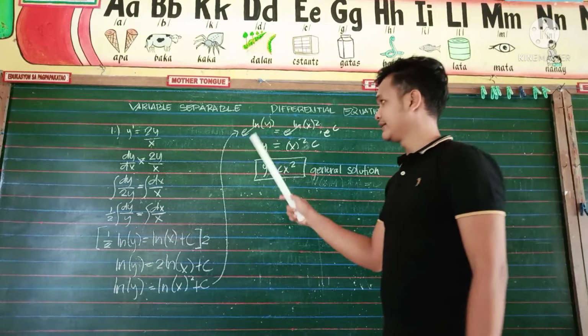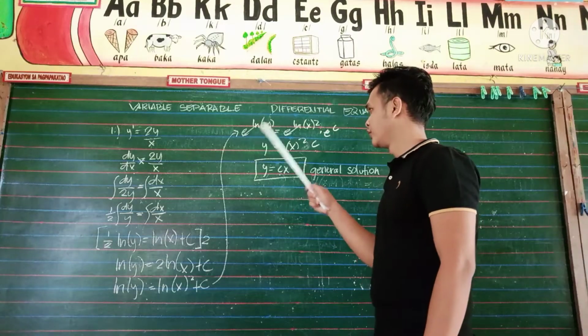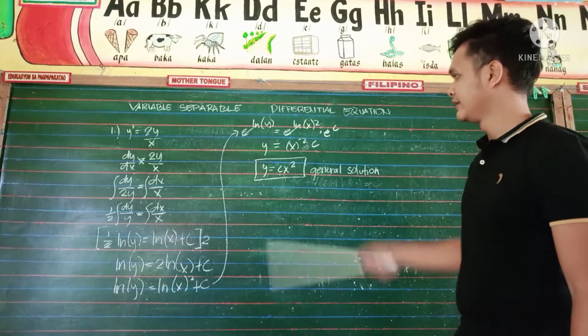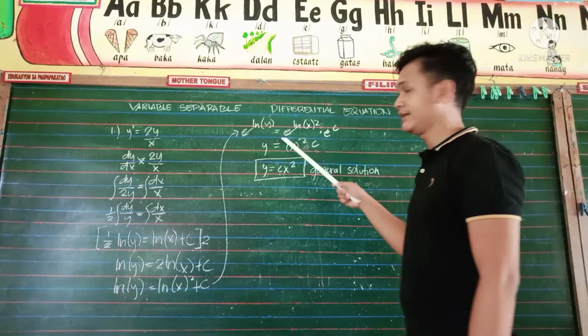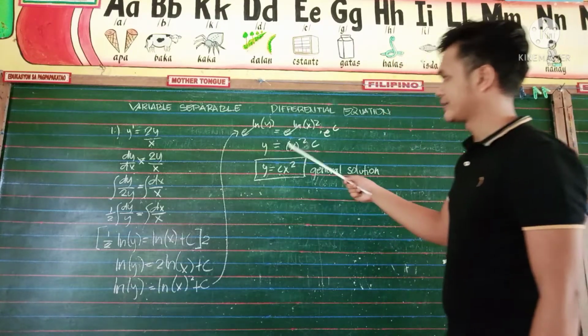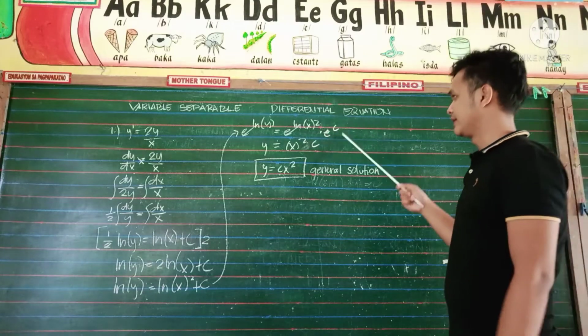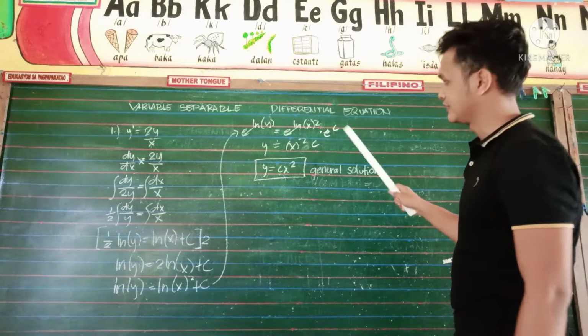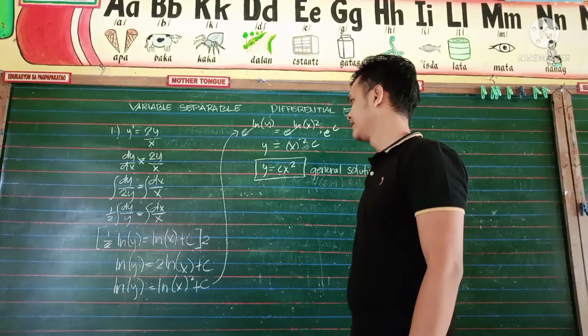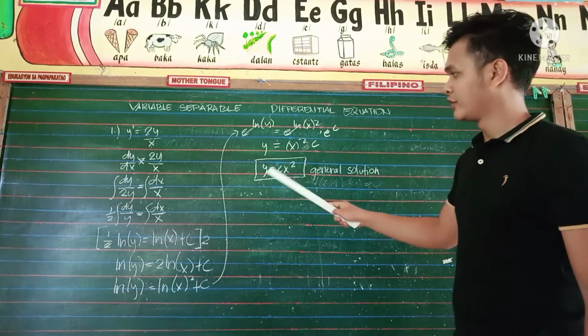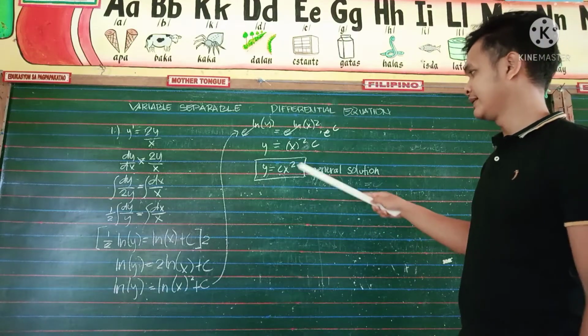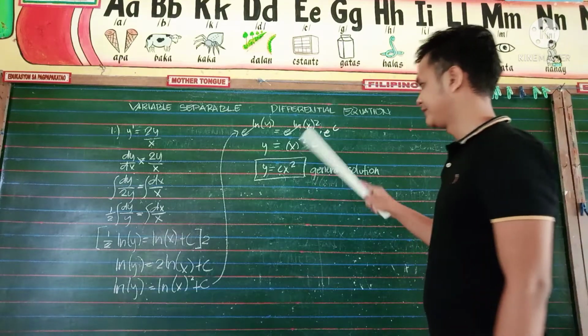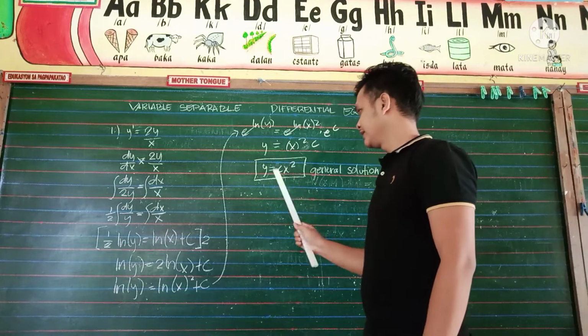So cancel out the e and the ln, we have y remaining, and it is equal to x squared, and e raised to c also remains a constant. So the final answer is y is equal to constant times x squared.